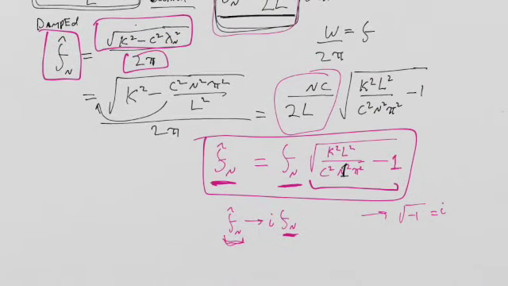Based on our condition, this number is as large as possible when n equals 1, because none of the other numbers change: c never changes, pi never changes, k never changes, and L never changes. So it has the largest effect on the inharmonicity, the deviation from the harmonic frequency.